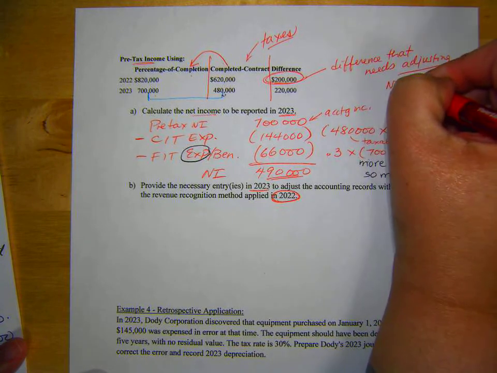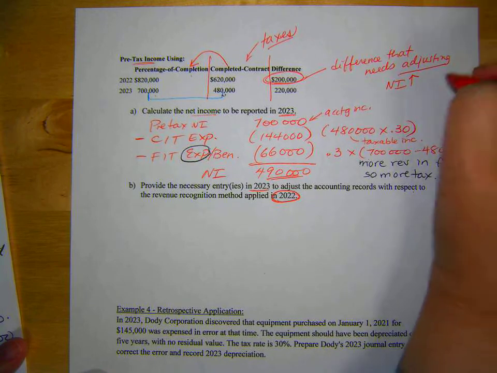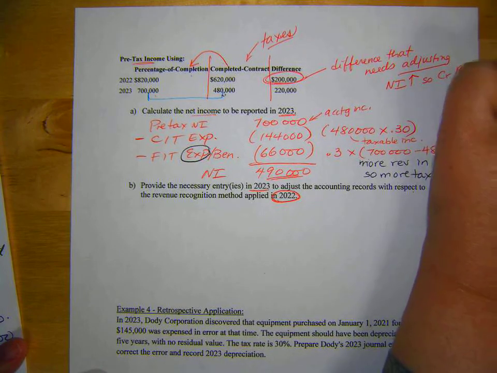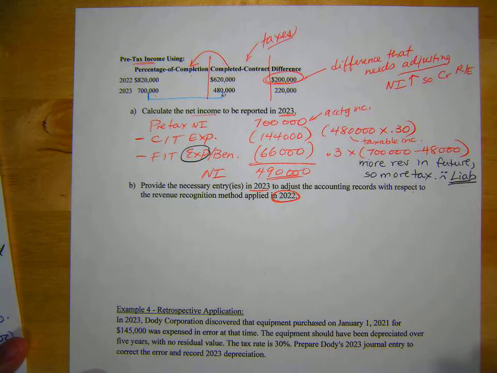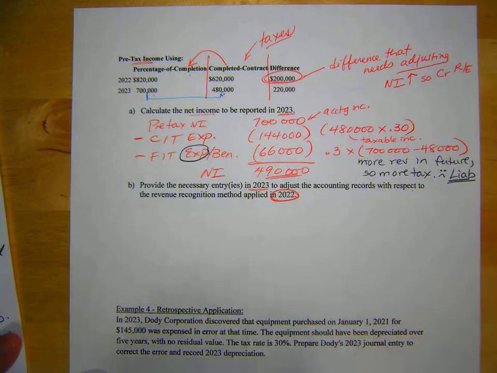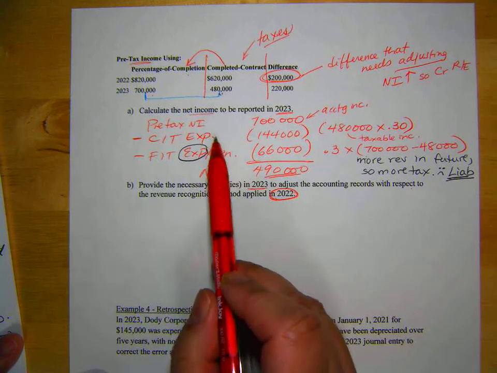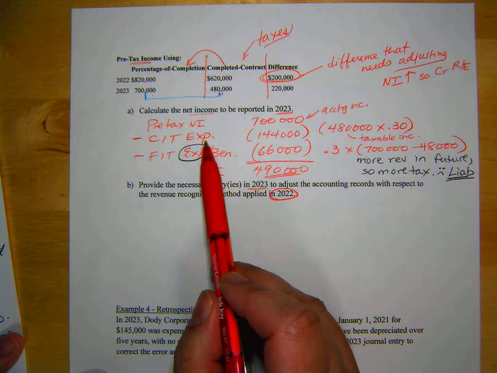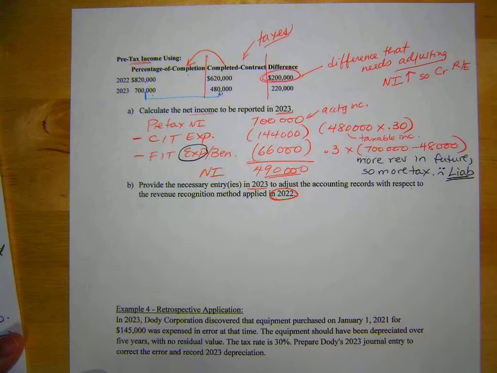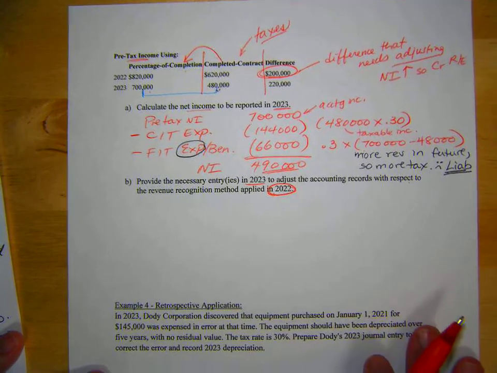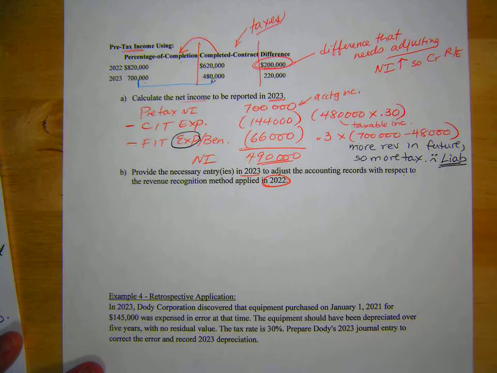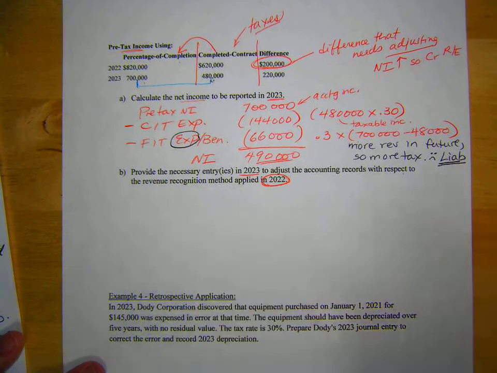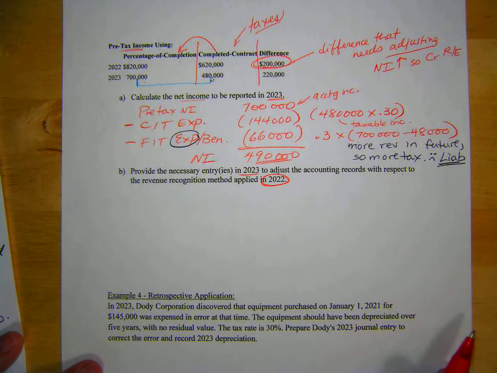Net income's going up. So credit retained earnings. So we're going to have a couple little things. Now, do we have to adjust CIT from last year? Well, no, because it was right, because we used completed contract. The tax base hasn't changed. So that's what I'm saying. CIT hardly ever gets revised. Well, I mean, unless it was an error, and so the tax has to be changed. But that's not as common when you're doing these types of questions.